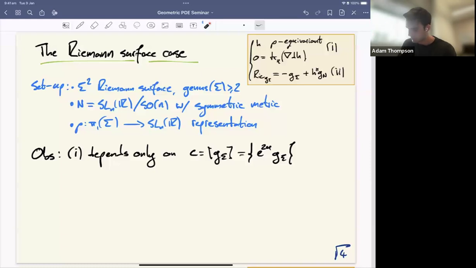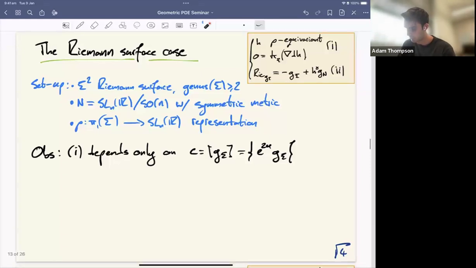Okay, and then also my rho should go into the isometry group of this symmetric space. I'm going to take it here into SL(n,R). Okay.